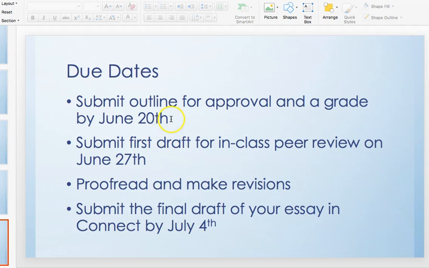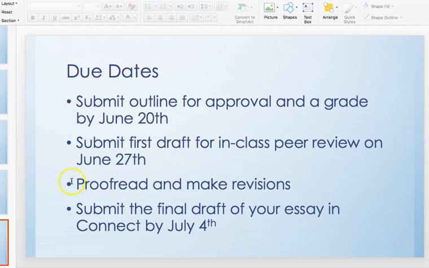So the reason why I gave you guys 2 weeks to work on the outline and then 1 week for the first draft is because you have those 2 weeks to gather your information on your sources and figure out your thesis statements and your topic sentences and your body paragraphs. So once you are done with that, it's just a matter of putting everything together and polishing it up a little bit for your first draft. So have the first draft ready for in-class peer review on June 27th.